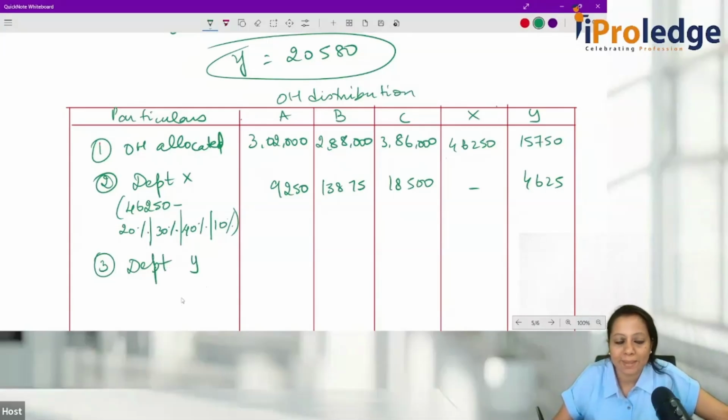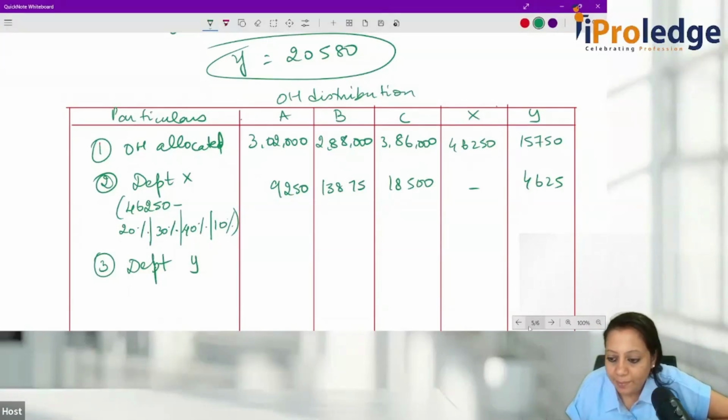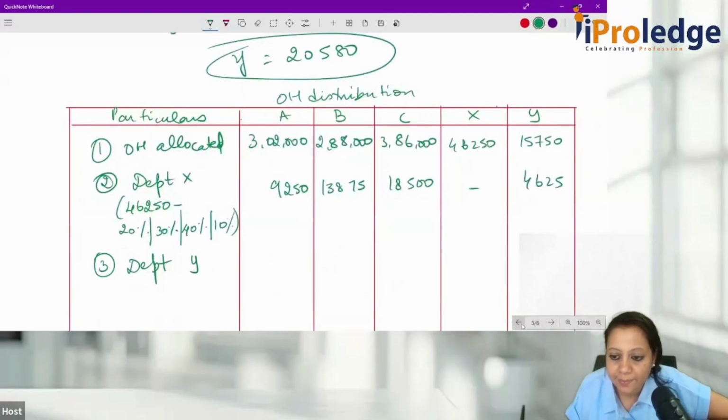Now, department Y. So department Y, how much will it be? 40, 20, 30, 10.